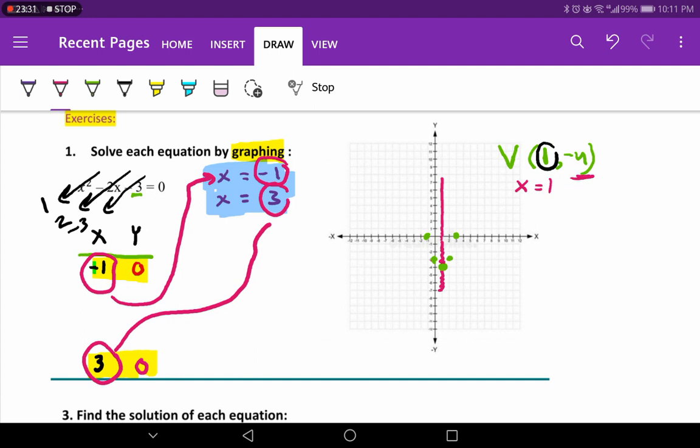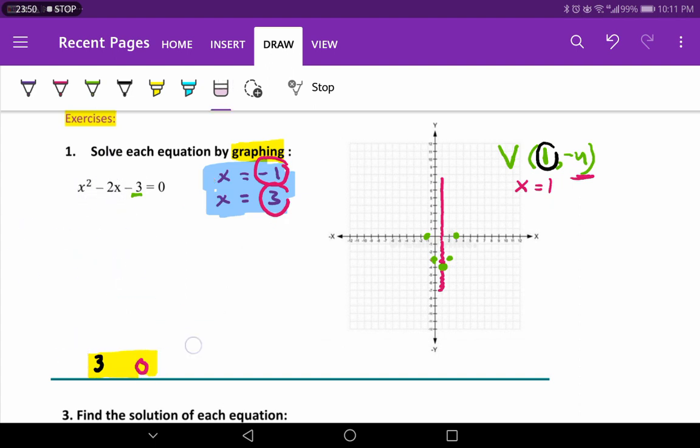They are the same. So when you factor, you get -1 and 3, and if you find 0 here and 0 here, that means this is the solution. Okay, this is the solution. Okay, my dear student, are you happy with that? I hope so. Now we just connect between them and we are done, my dear student.